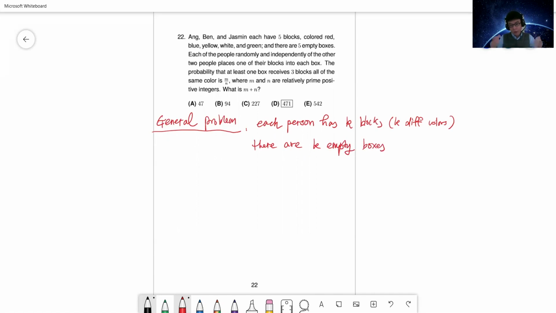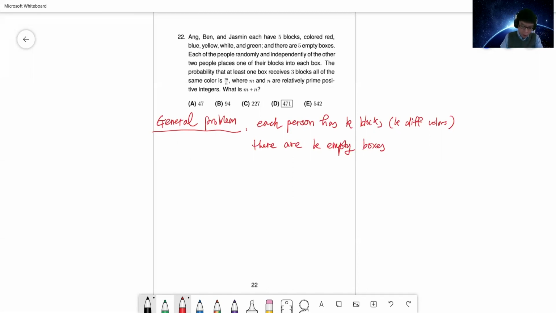The scenario is similar: each person places the K blocks into K boxes. What's the probability that there exists at least one box that receives 3 blocks of the same color?